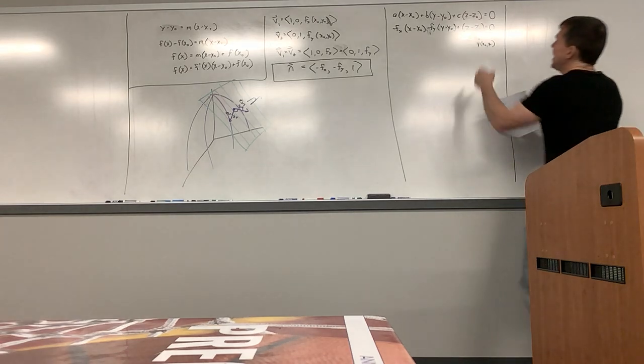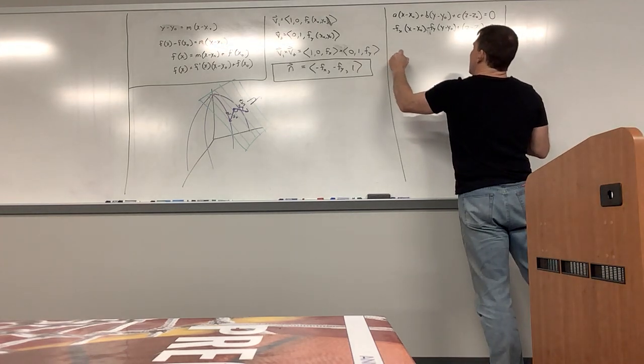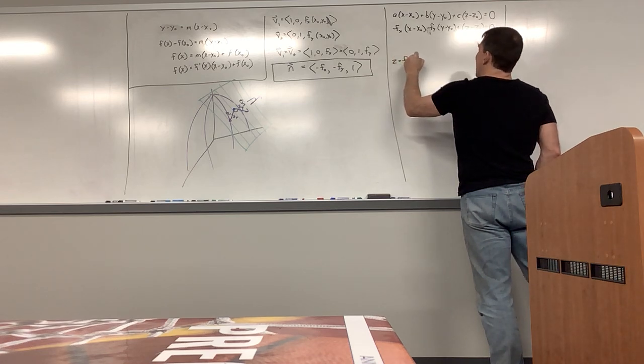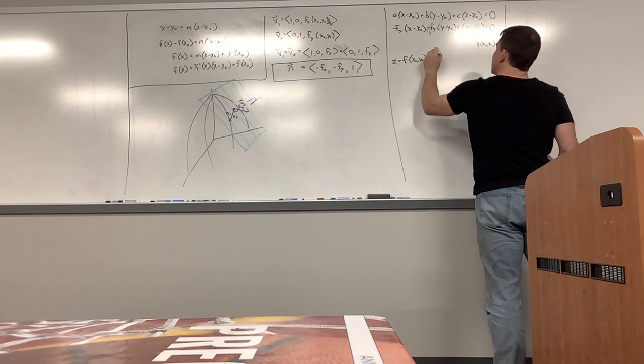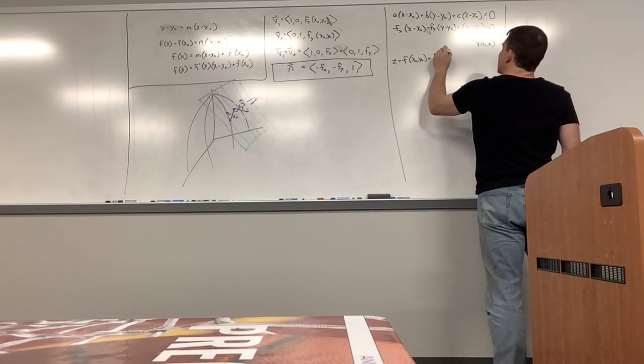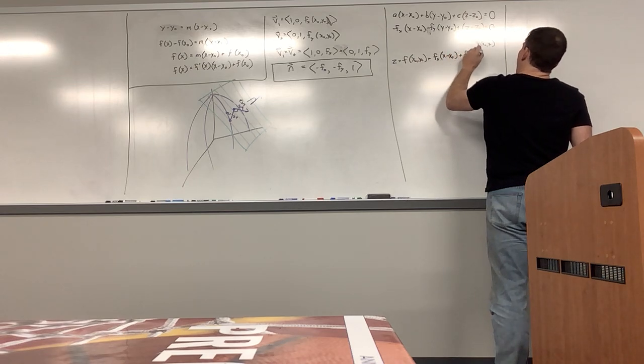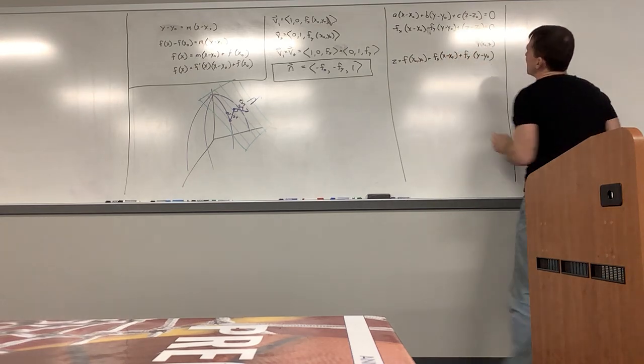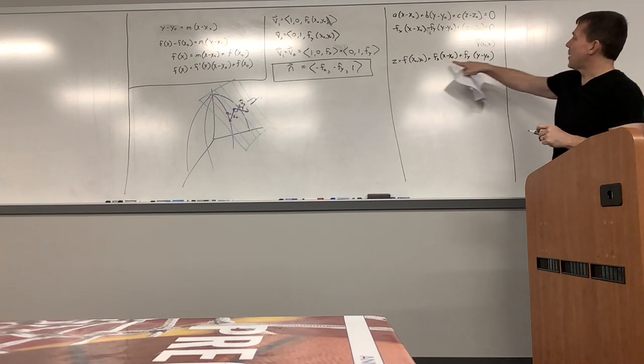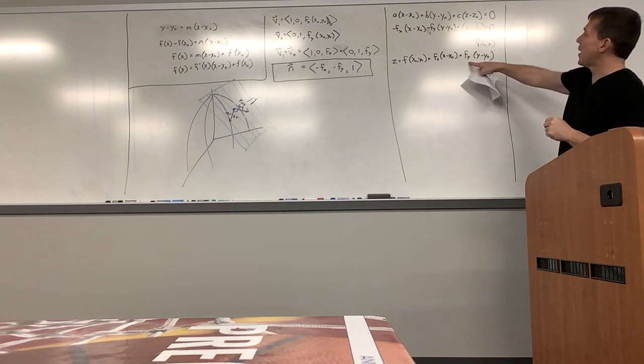So now if I rearrange this and solve it for z, I get that z is equal to f of x sub 0, y sub 0, plus f sub x times x minus x sub 0, plus f sub y times y minus y sub 0. And again, these are the partials at the point x sub 0, y sub 0.